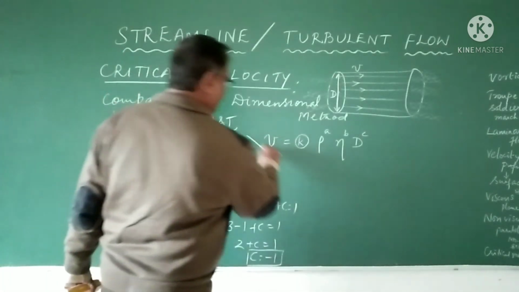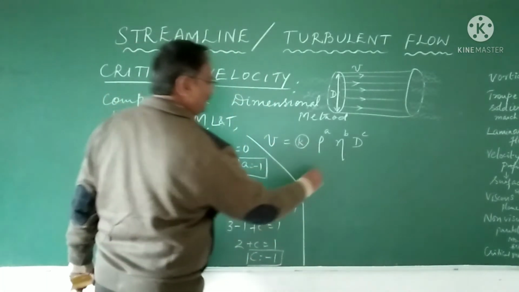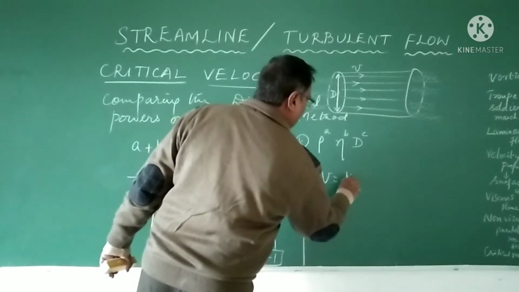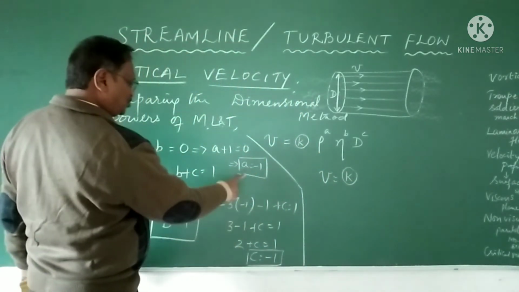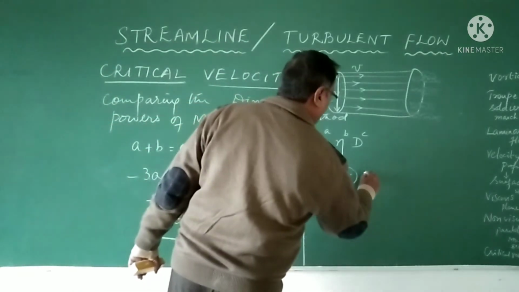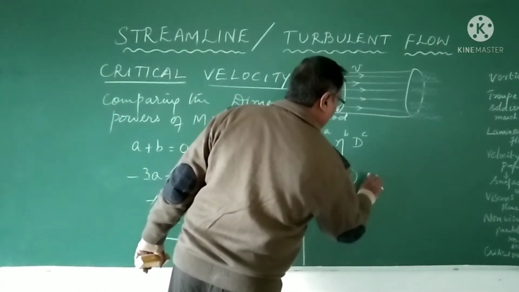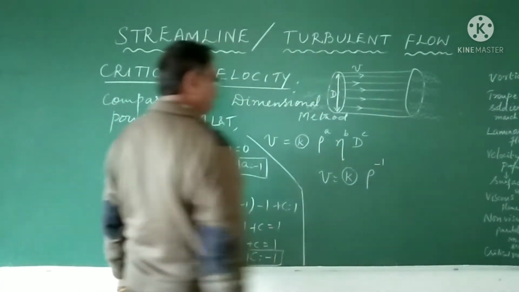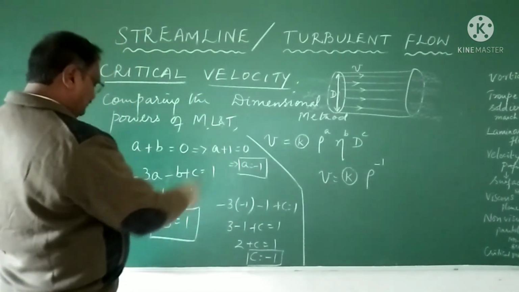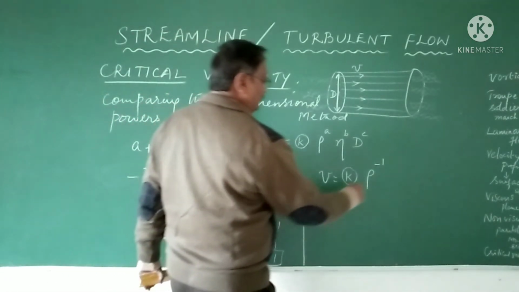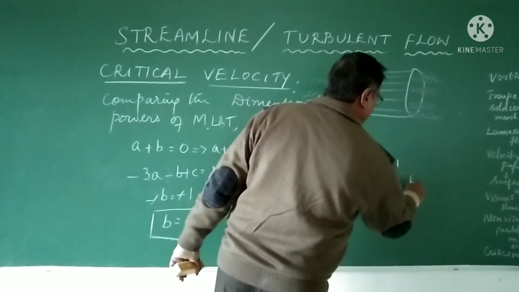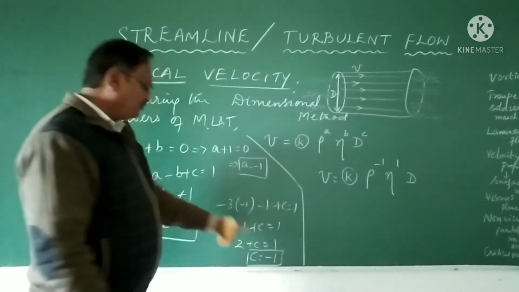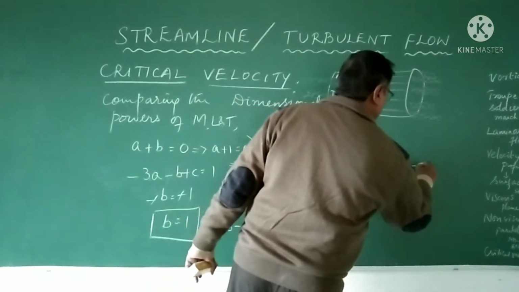Let us substitute the values of all that. V is equal to K into rho power minus 1, since A is minus 1, eta power 1, since B is 1, and D, diameter, with C value minus 1.